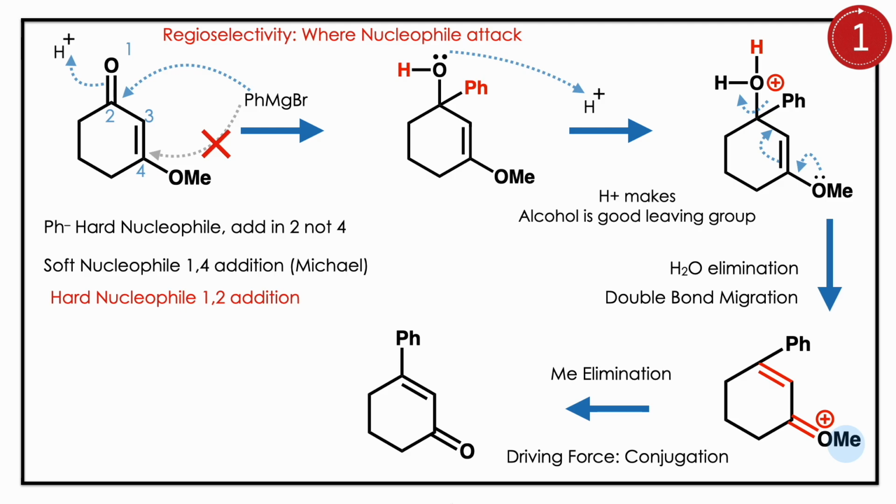Here phenyl magnesium bromide is a hard nucleophile, so it will add at 2, so it promotes 1,2 addition. Hard nucleophile promotes 1,2 addition, so 1,2 addition happens, you have phenyl and alcohol. Then you have the O-methyl group. O-methyl also can be acidified to form the ketone here.